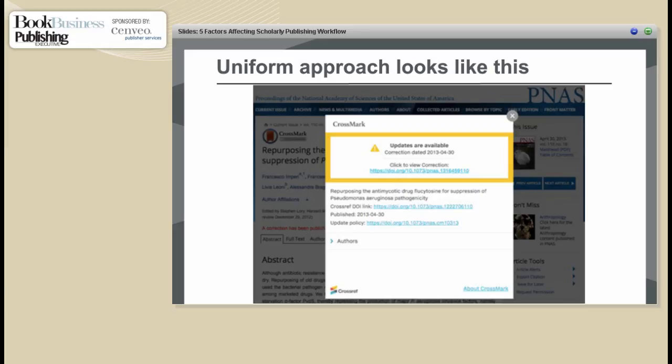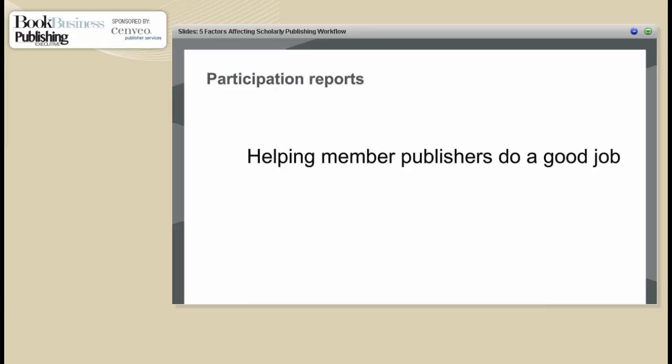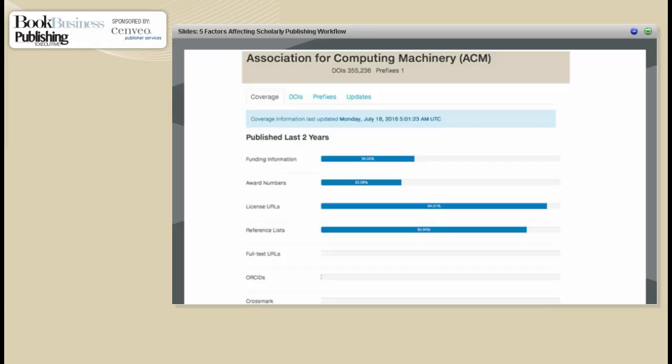One of the things that Crossref really wants to do is help our members do a good job. We're introducing this concept of participation reports either later this year or early next year, and it will provide a sort of dashboard describing how well they're doing, what percentage of their DOIs have been assigned certain metadata.